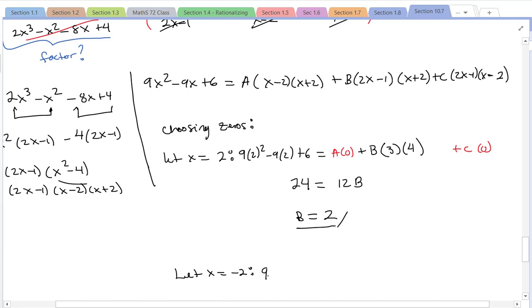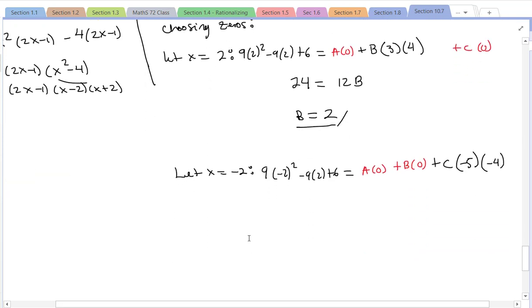So I'm going to have 9 times negative 2 squared minus 9 times negative 2 plus 6 equals, now when x is negative 2, the A term is going to have negative 2 plus 2, so that goes away, and the B is also going to go away because I'm going to have negative 2 plus 2, which is 0. So the only one that doesn't go away is the C. So I'm going to have plus C, x is negative 2, so 2 times negative 2 is negative 4, minus 1, that's negative 5, and negative 2 minus 2 is negative 4.